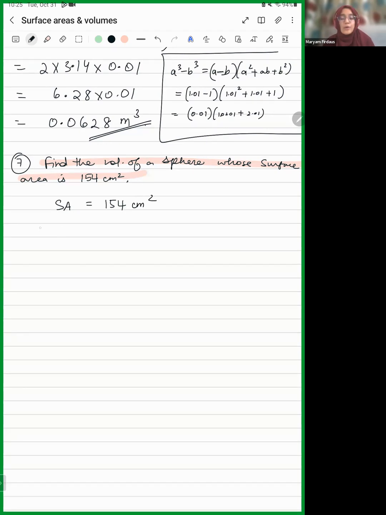What is the formula for surface area of a sphere? Who will tell me? Look at your notes if you need. Hurry up. What is the surface area of a sphere?